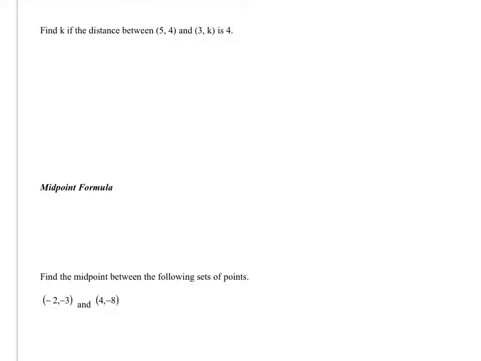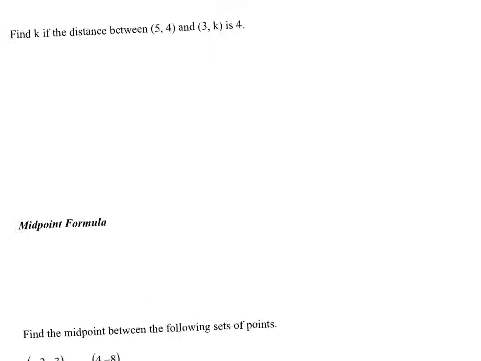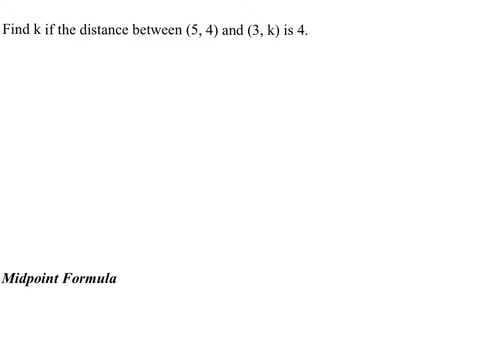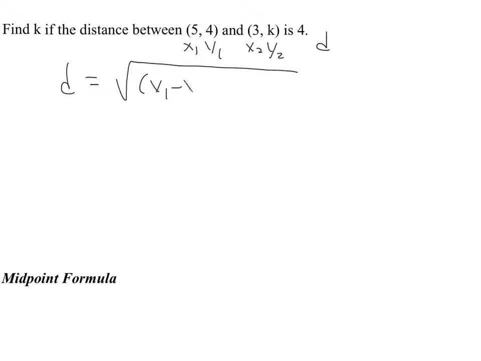Okay, let's look at this example. We're trying to find k if the distance between these 2 points is 4. So really what we know in this problem is we know what x1 is, we know what y1 is, we know what x2 is, but we don't know what y2 is, but we know the distance. So if I remember the distance formula, x1 minus x2 squared plus y1 minus y2 squared.